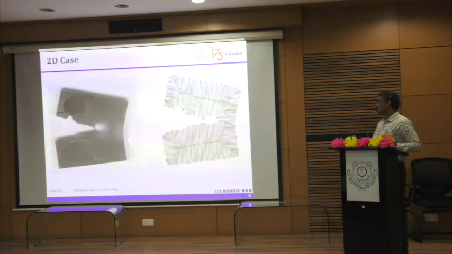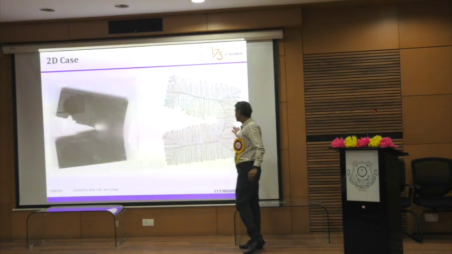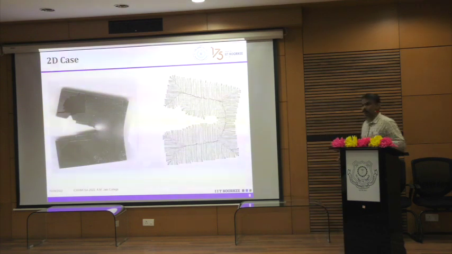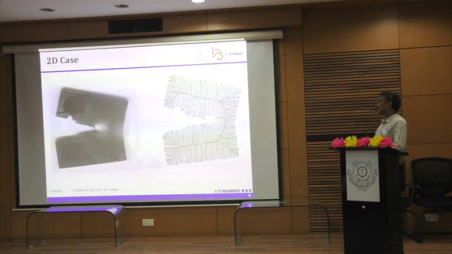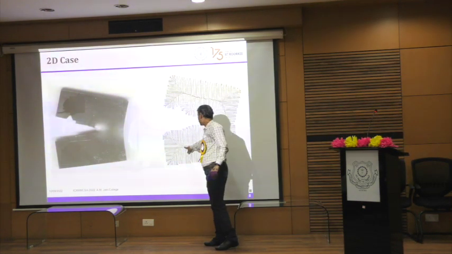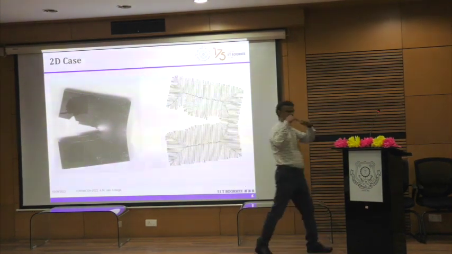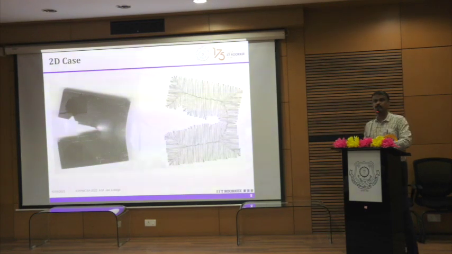Now you can see over here, these are the vectors. Some of the vectors from different directions are converging. We call these the converged areas. The vectors are intersecting from different directions, at least two vectors. In some places, five vectors are intersecting.